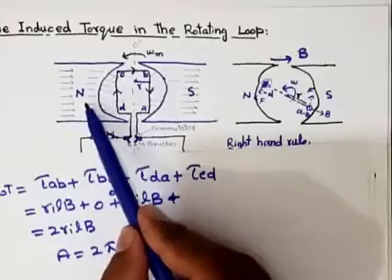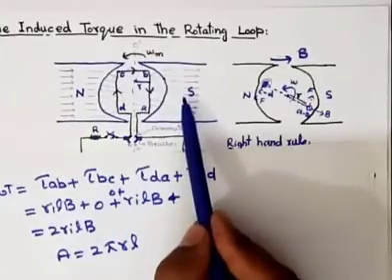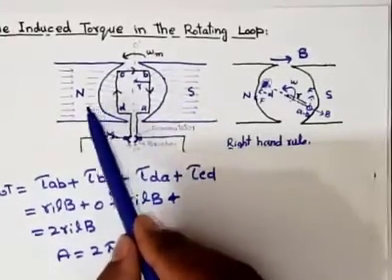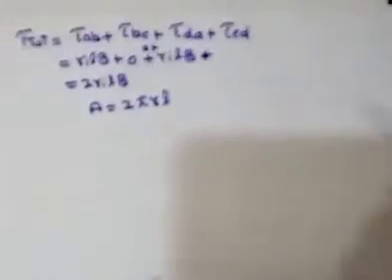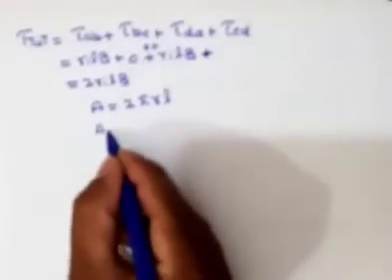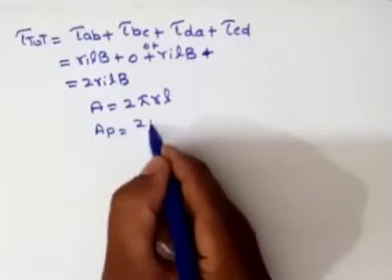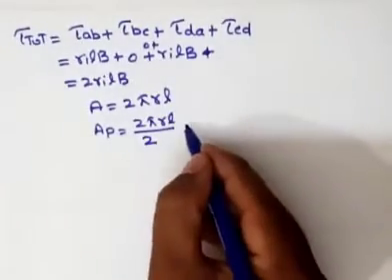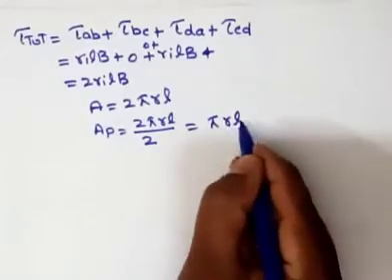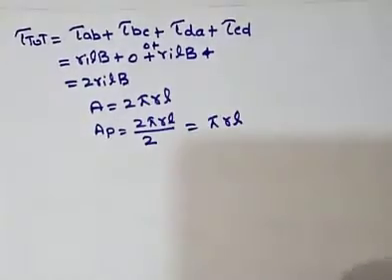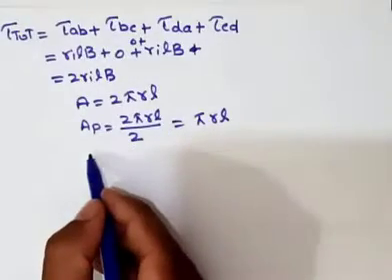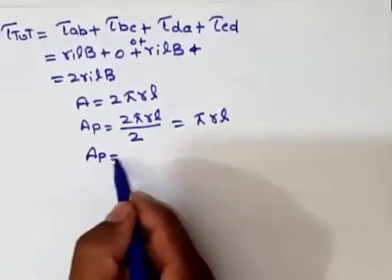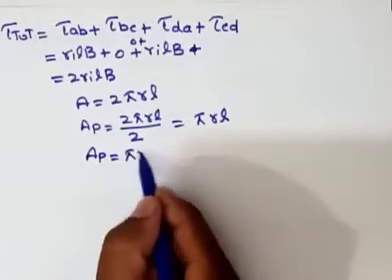The first one is north pole and second one is south pole. The area of the single pole is A is equal to 2 pi R L divided by number of poles is equal to pi R L. That is A is equal to pi R L.